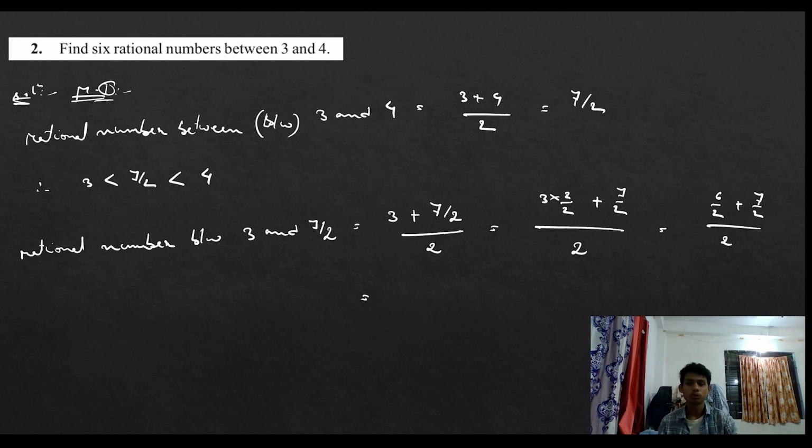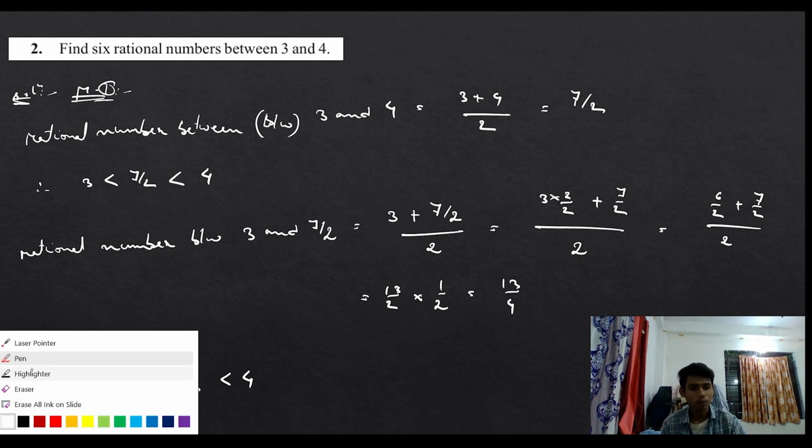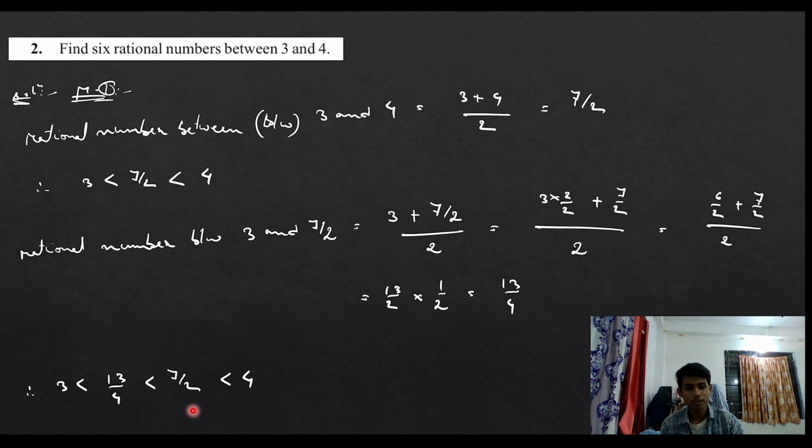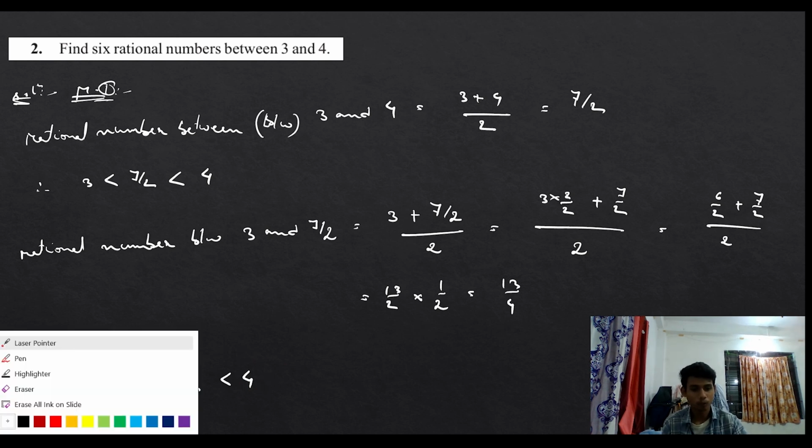That will be equal to 6 plus 7, which is 13 by 2, into 1 by 2, that is equal to 13 by 4. Therefore, 3 is less than 13 by 4 is less than 7 by 2 is less than 4. Now, we'll find rational numbers between 7 by 2 and 4.